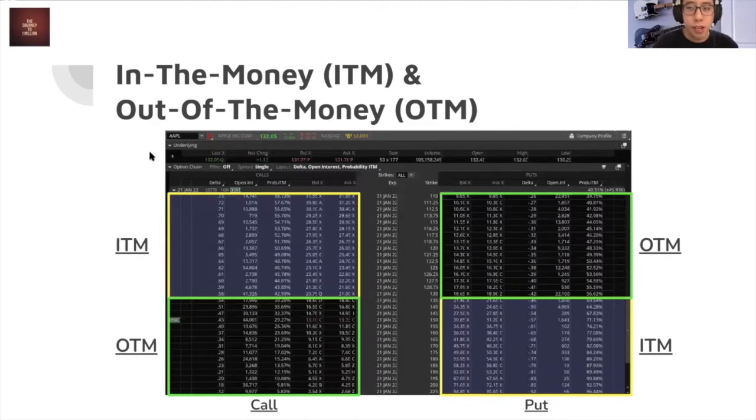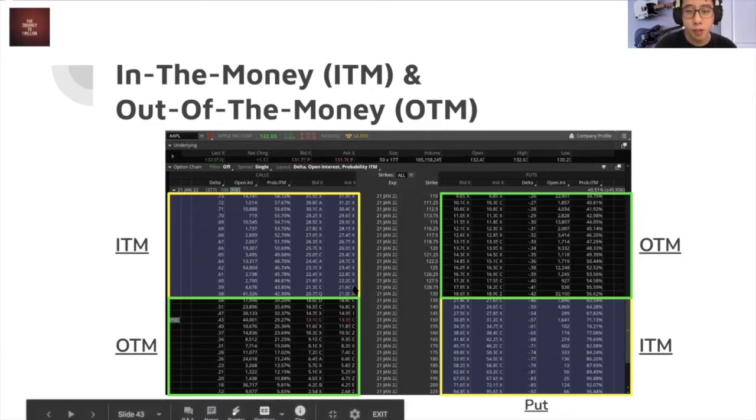In this, I actually took a screenshot from TD Ameritrade to show you guys what it means. So for example, this Apple stock price is actually 132. In TD Ameritrade, they highlighted it for you already.